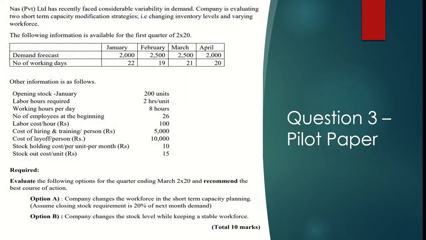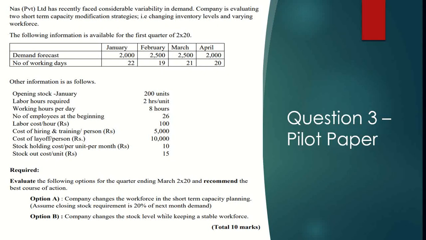Here they have given the stock out cost per unit as 15, which means if demand is 1000 and capacity is 900, then 1000 units we can't produce. So there is a stock shortage of 100. For that there will be a shortage cost, or stock out cost, given here. Per unit it is 15 rupees. So those are the information given, right?